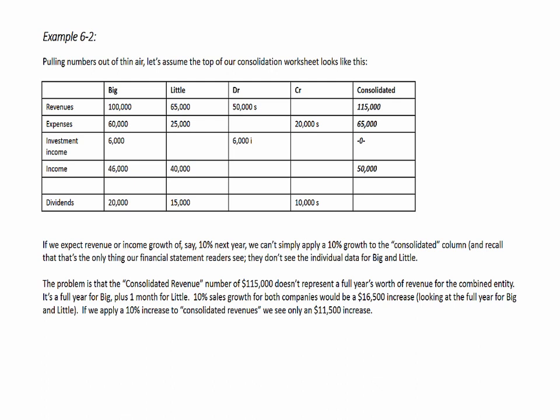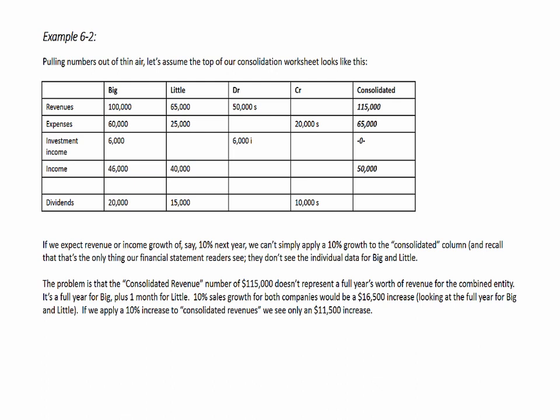Whereas in reality, Big and Little for the full year had 165,000 of revenues. Big had 100,000, Little had 65,000. Projecting that at a 10% growth, it would be 165,000 plus 16,500, or total combined revenues next year of $181,500.